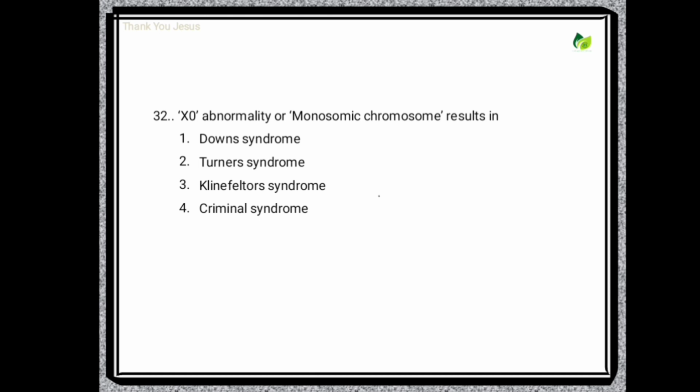X0 abnormality or monosomic chromosome results in. Options are Down syndrome, Turner syndrome, Klinefelter syndrome, Criminal syndrome. So the answer is Turner syndrome. It is a chromosomal disorder in which a female is born with only one X chromosome. That's why it is also called X0 abnormality or monosomic chromosome.